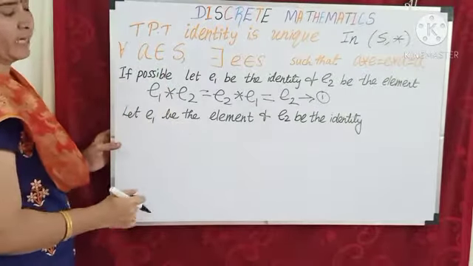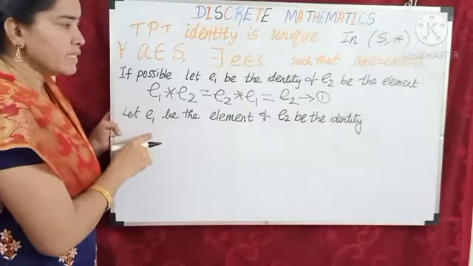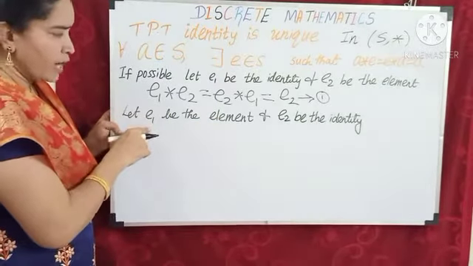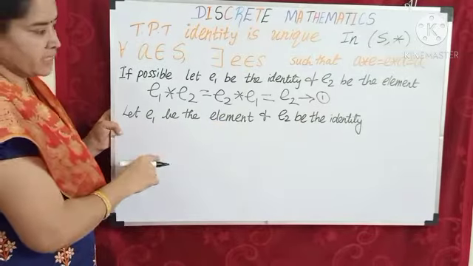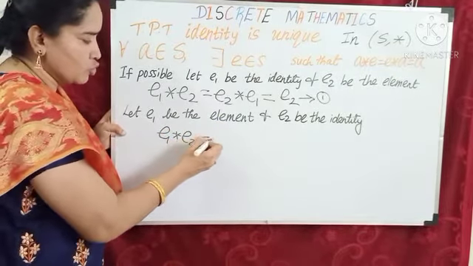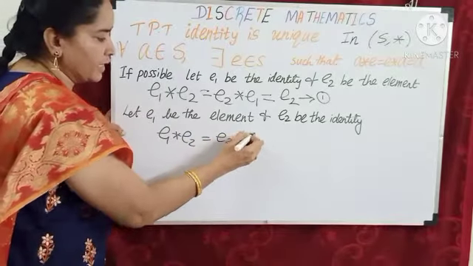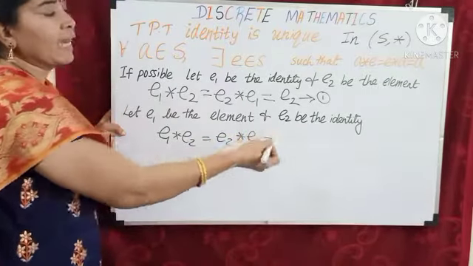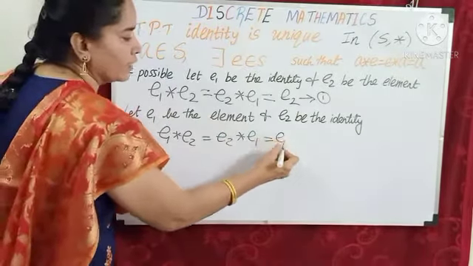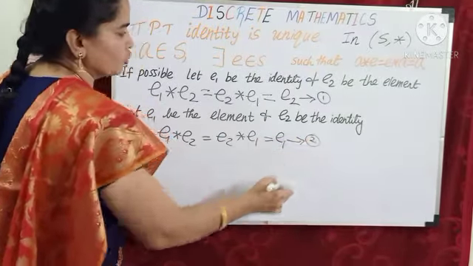Take the other way. Now E1 is the element and E2 is the identity. Now E1 star E2 or E2 star E1 should give me the element. In this case, what is the element? E1. Call this number 2.